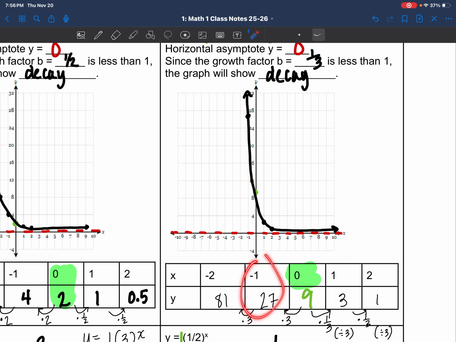But we can graph this one here. We got 0, 9. 1, 3 is about right here. And then 2, 1 is about right there. And then you're going to go ahead and connect your points. And it's not a straight line. We are not doing that. It is a curve. And it's going to get super close to your asymptote, but not touch it. All right.